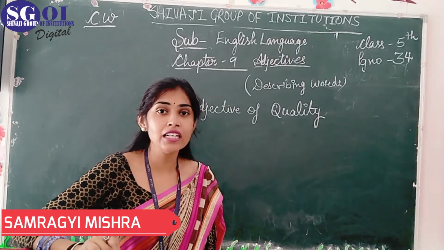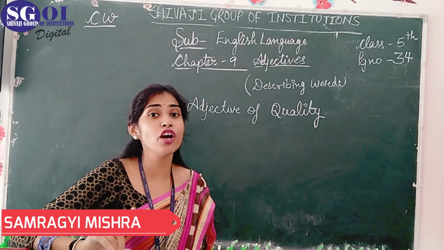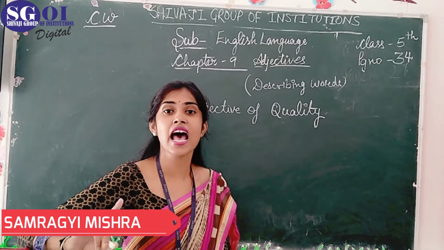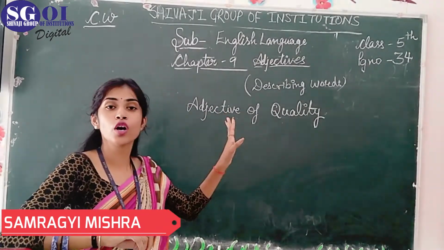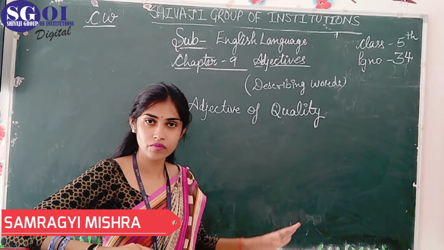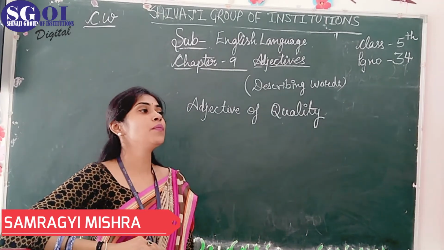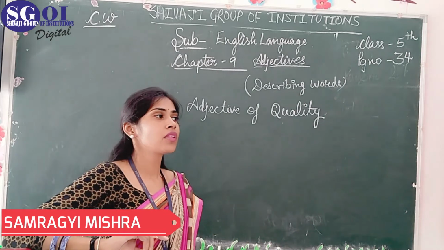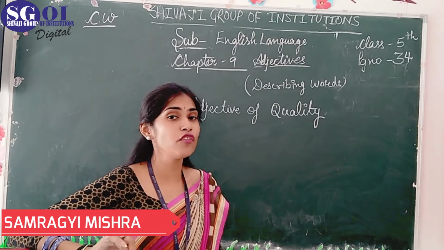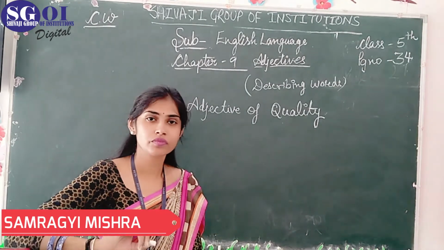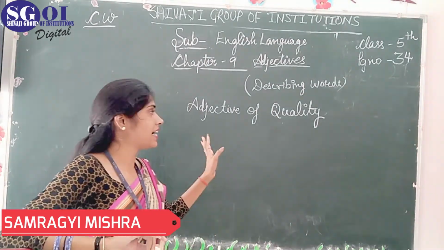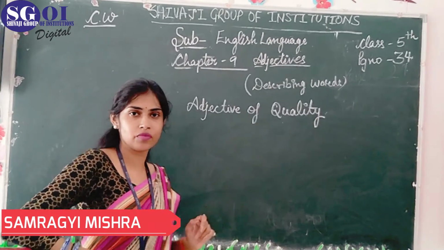Words that describe the quality of a person, place, animal or thing are called adjectives of quality. Like Kanpur is a nice place. The quality of Kanpur is nice. These are called adjectives of quality.